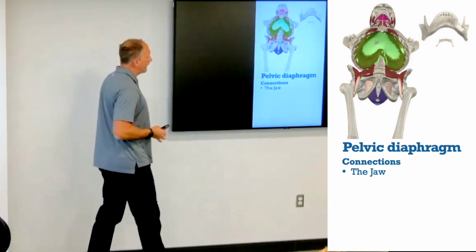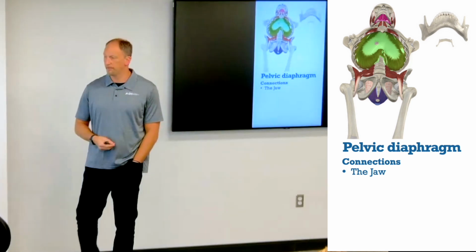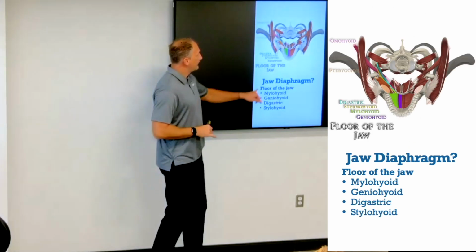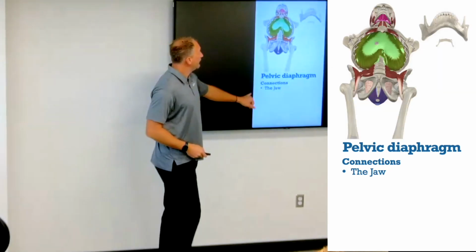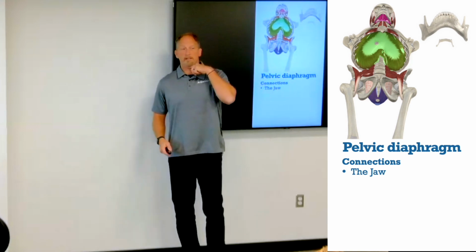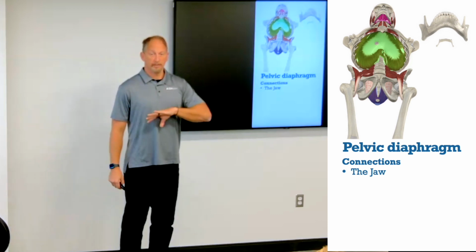So if we think about it, we're aware of the diaphragm. We talked about the pelvic diaphragm. But really, the jaw becomes our third diaphragm of the deep front line. If we take out all the muscles, there's nothing there. If we take out the diaphragm itself, there's nothing there.